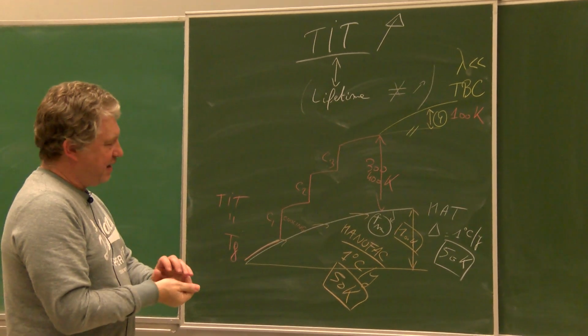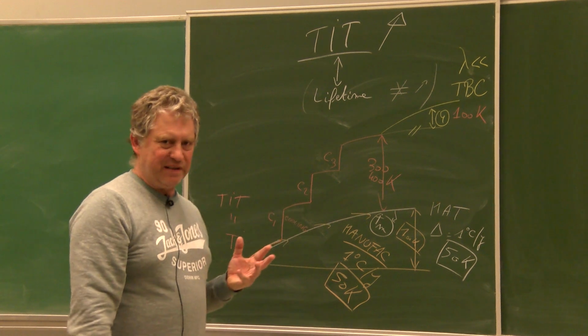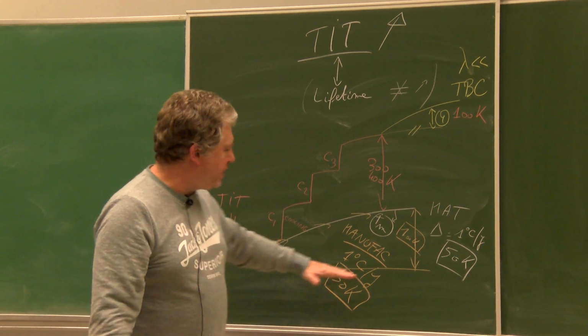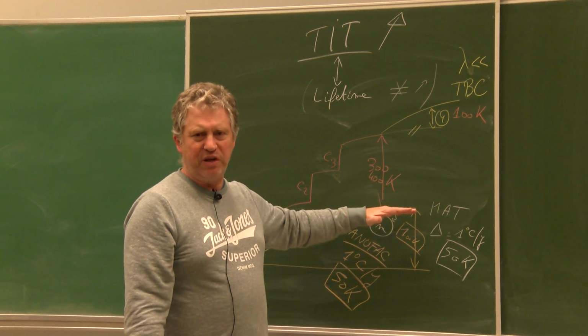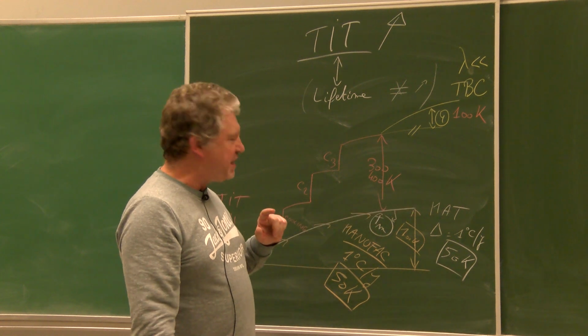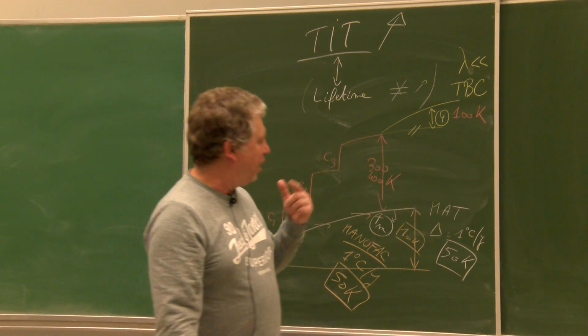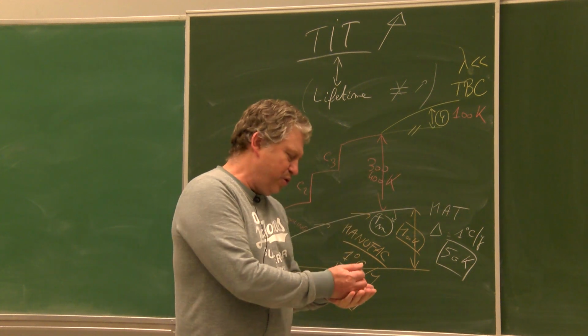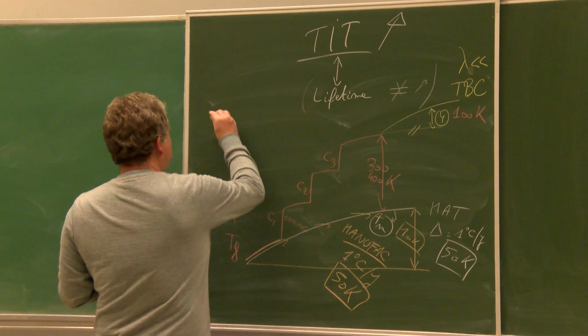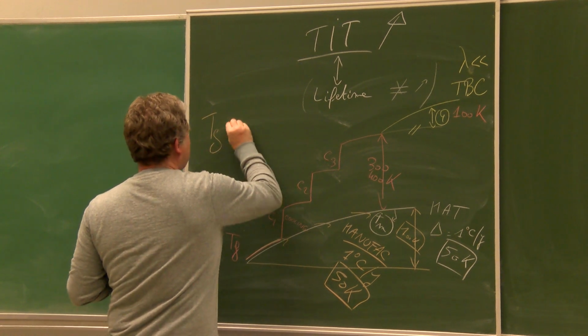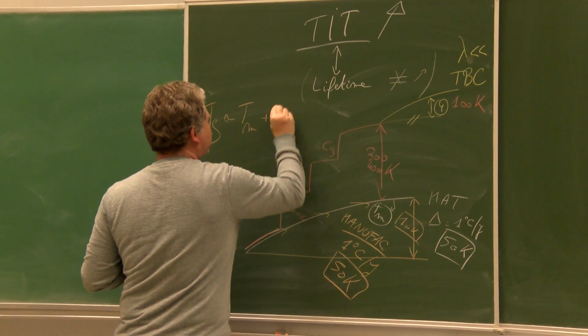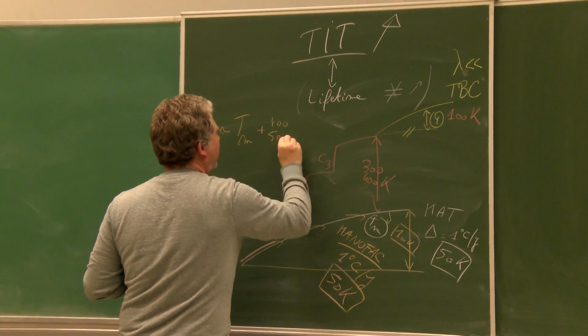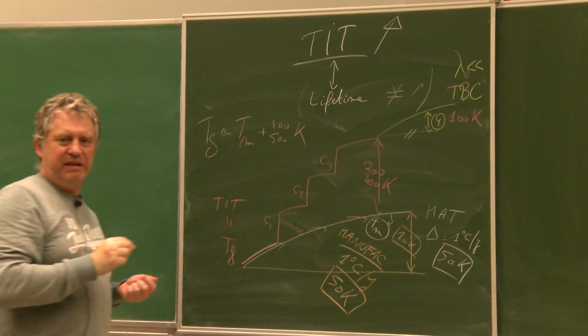So that means that thanks to the materials, you have increased the temperature of the material by 100K, and you have increased the temperature of the gas on top of the materials by 400 plus 100. So you see that TG is, let's say, something like TM plus 500K. This is what you have.